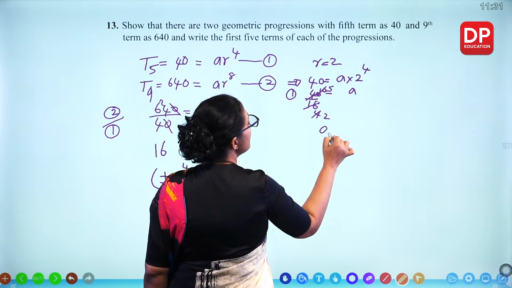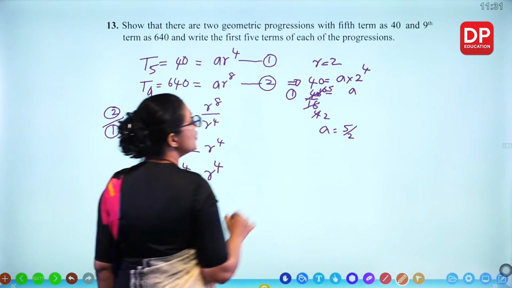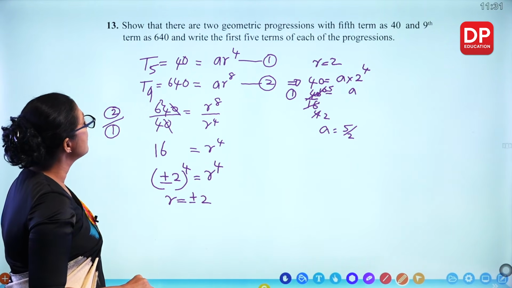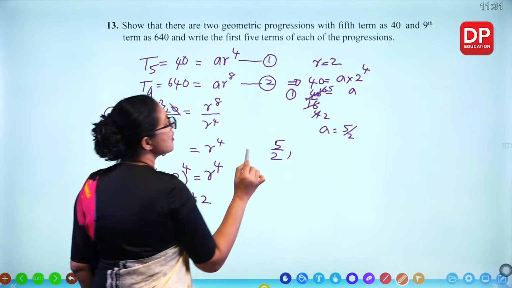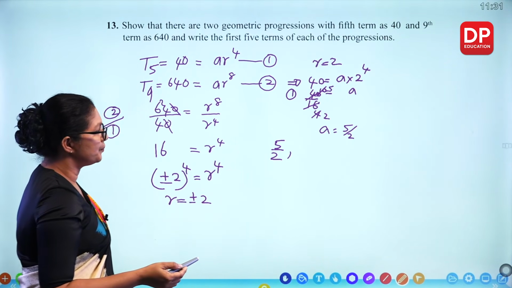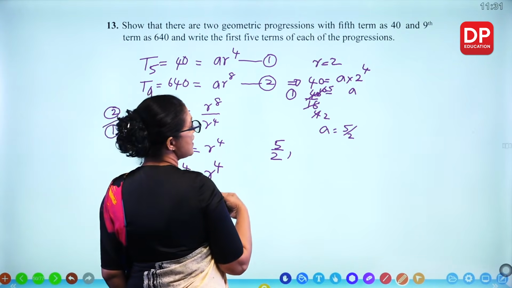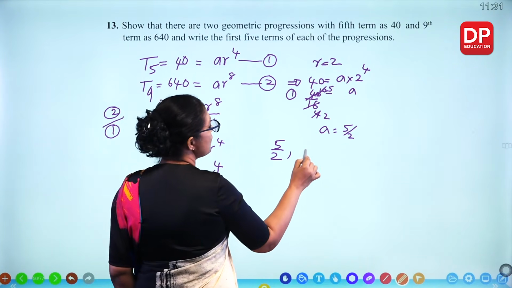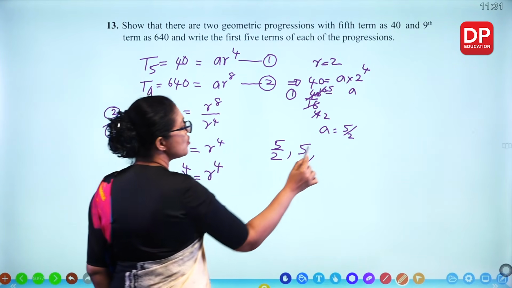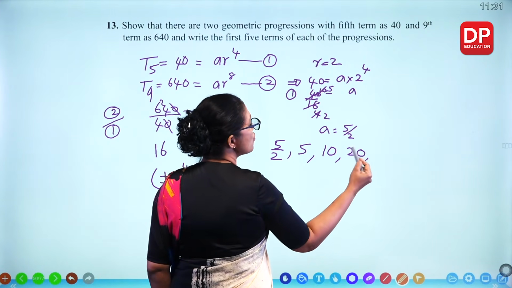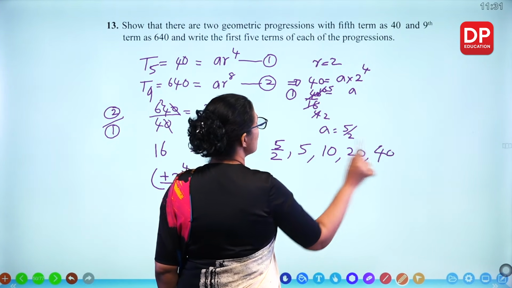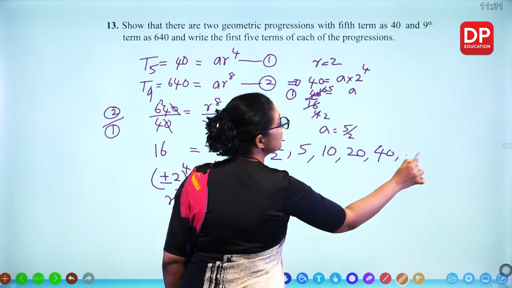So, the a value is 5 over 2. Now, we'll write down the sequence. First 5 terms starting from 5 over 2. Multiply by 2, 2 gets cancelled out and you get 5. Multiply by 2, 10. Multiply by 2, 20. Multiply by 2, 40. So 1, 2, 3, 4, 5.